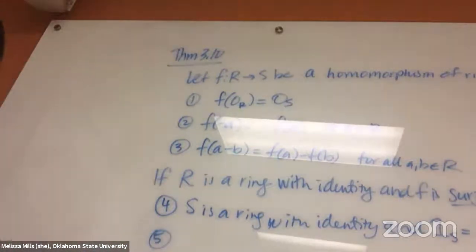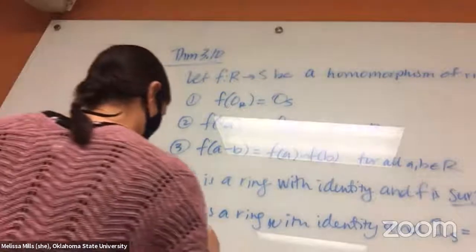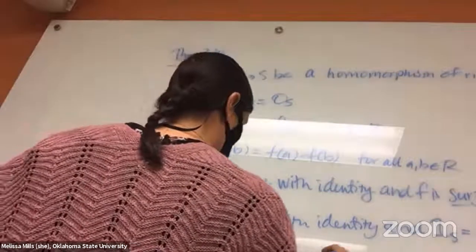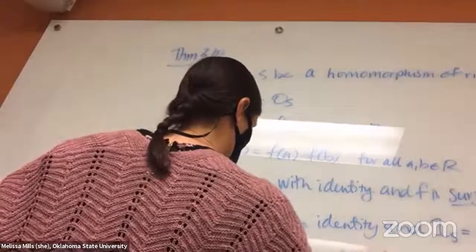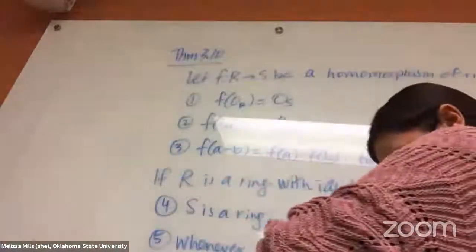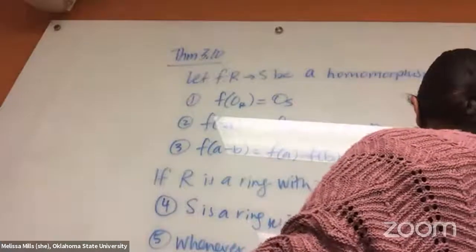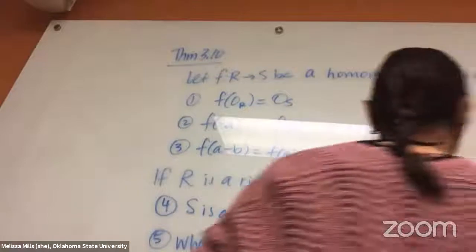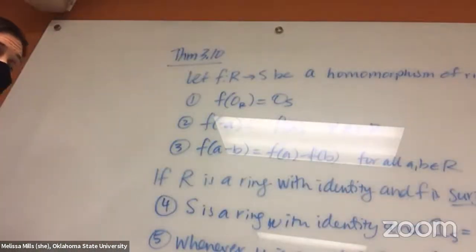And fifth, whenever u is a unit, we have that f of u inverse equals f of u, inverse. So the multiplicative inverses map to multiplicative inverses, in other words, right?